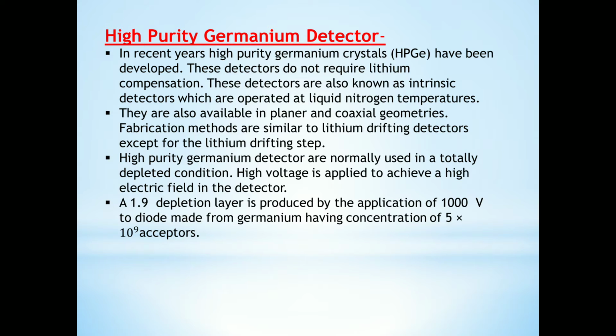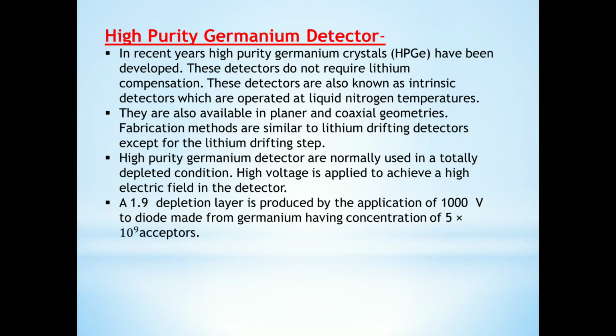And for that depletion, high voltage is applied, and due to that a high electric field is observed in the detector. Now, a depletion layer of 1.9 is produced by application of 1000 volt to a diode made from germanium having a concentration of 5 into 10 to the power 9 acceptors.